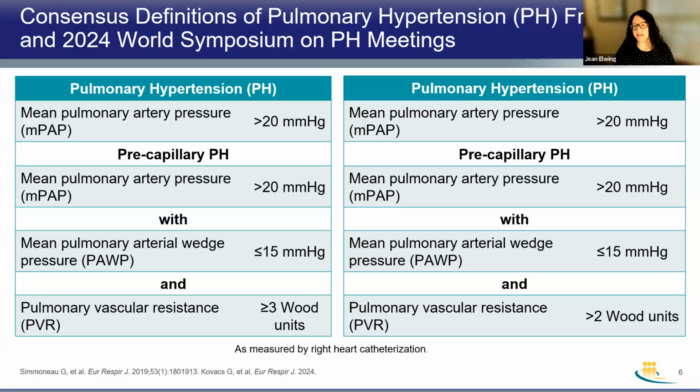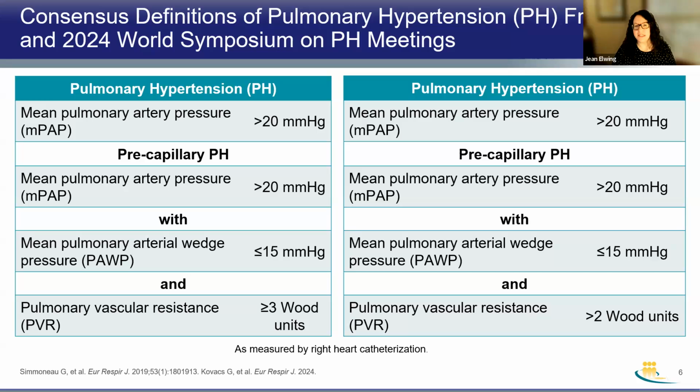For precapillary disease, it required that mean pressure of greater than 20, not elevated left-sided filling pressures with a wedge pressure of 15 or less. And in the past, in 2018, it required a PVR of 3 or greater.